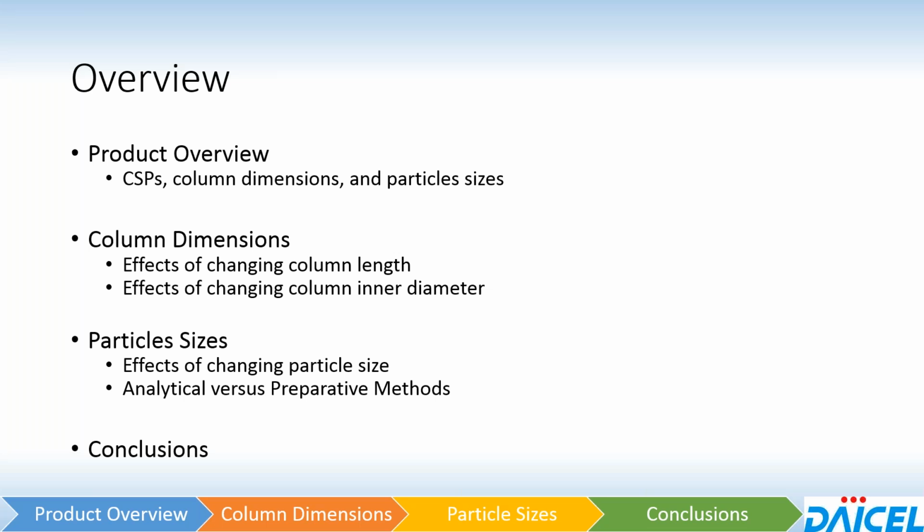Specifically, we'll talk about analytical versus preparative scale. That's the major focus of changing particle size typically anyway. And then we'll finish with some conclusions and some email addresses if you have questions related to your specific cases.